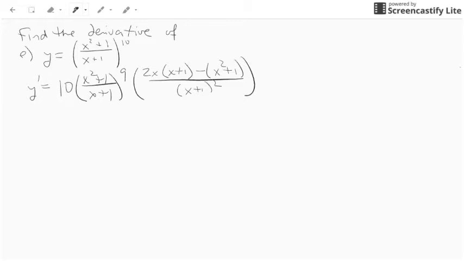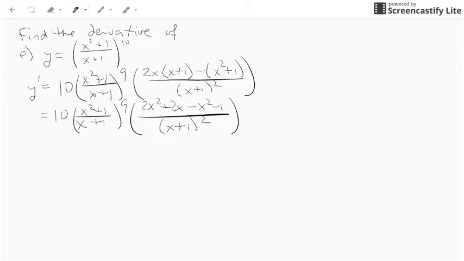Good. So now, to simplify this, I'm going to factor out the expression where I took the derivative using the quotient rule. In fact, I don't know why I was saying factor out here. I'm actually going to have to expand that out. So I'm going to have to make that 2x squared plus 2x minus x squared minus 1 all over x plus 1 squared.